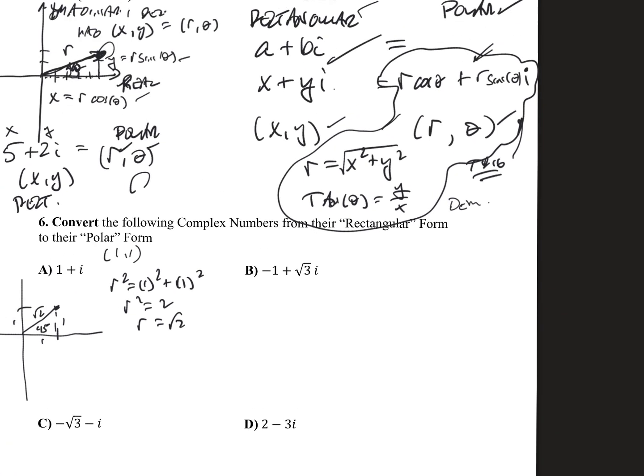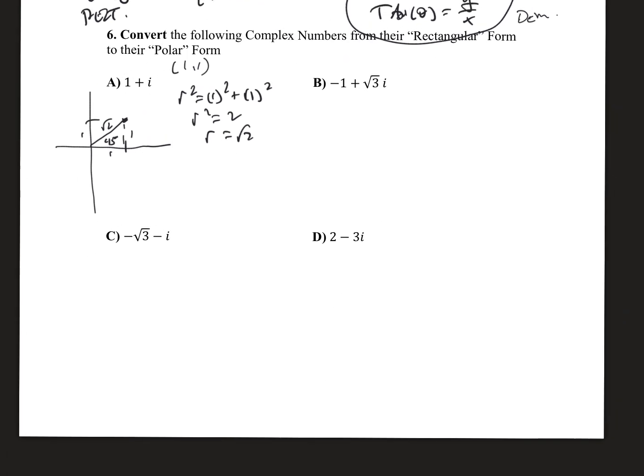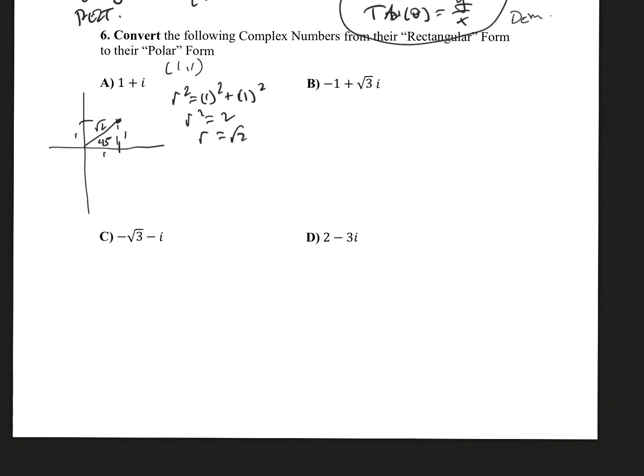So going from my rectangular form to my polar form, I can say that 1 plus i is the square root of 2 times the cosine of 45 degrees, plus the square root of 2 times the sine of 45 degrees, times i. Oops, that's not the vector, it's the i.